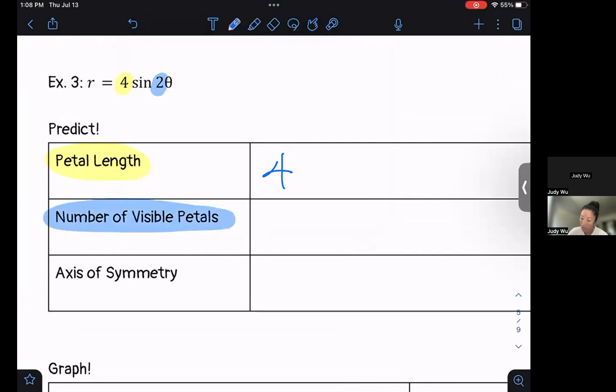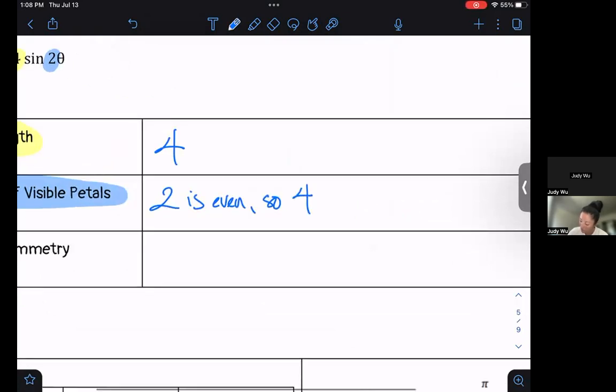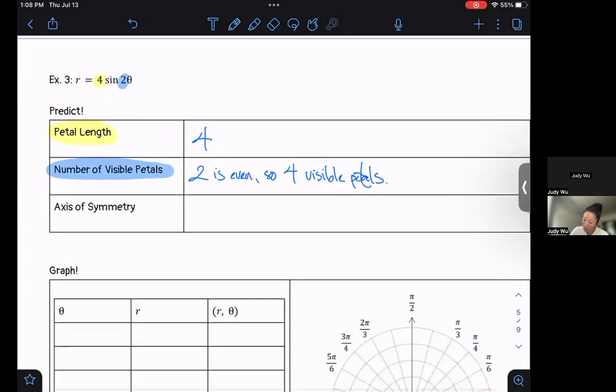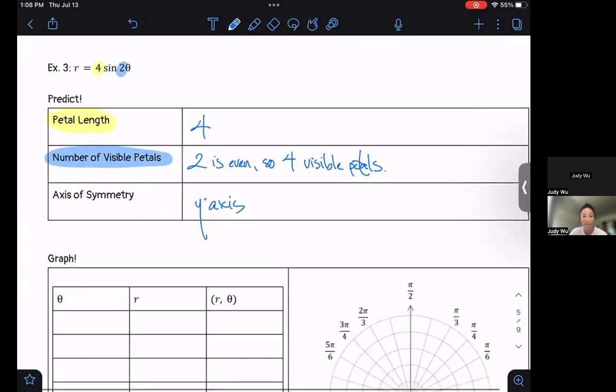Because we have 2, and 2 is even, we have 4 visible petals. Okay. Axis of symmetry, well, we have sine, so the axis of symmetry is the y-axis.